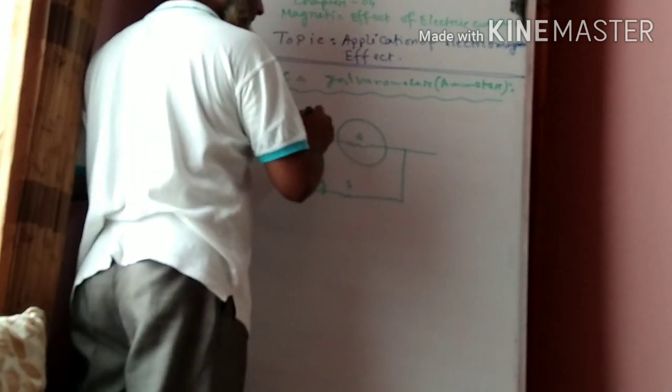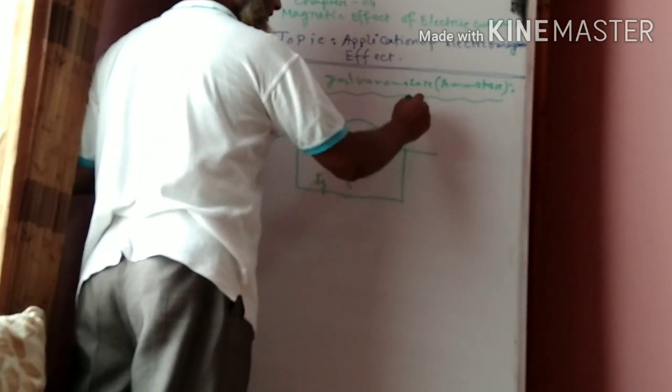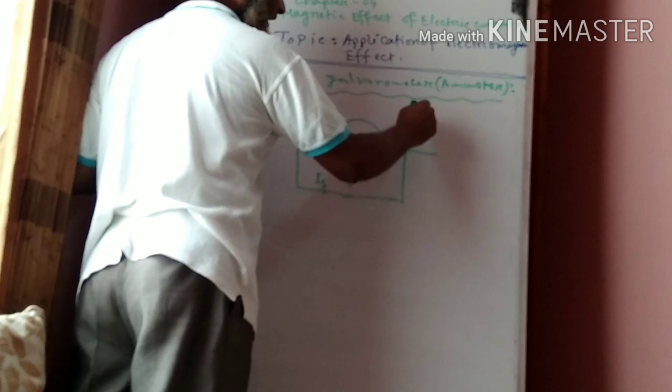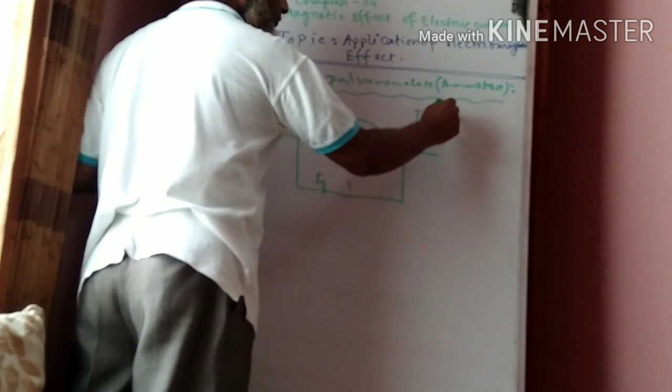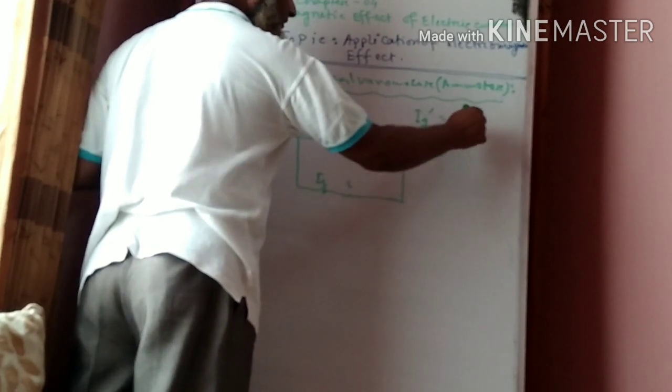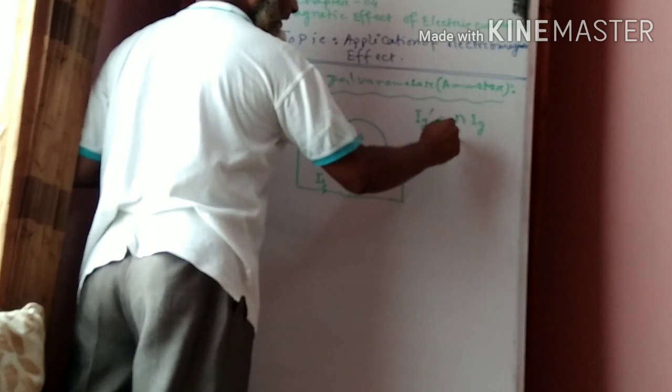For example, the galvanometer current is Ig. You have to measure a new current Ig prime equals n times Ig. This n is called the multiplier.